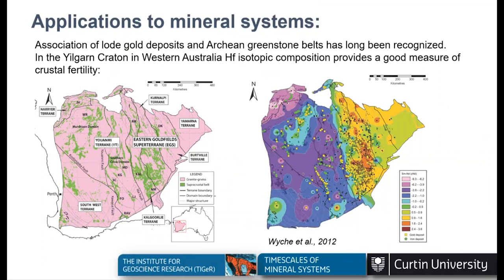What you see is that in the eastern goldfields, you've got much more juvenile, so more depleted isotope compositions, and the depleted zones tend to be where the bigger gold deposits are as well. So in the eastern goldfields over here, and then you have some Murchison, the Cathara greenstone belt up there, as well as I think that's the Boddington gold mine down there. They all lie in these zones of high depleted crust.